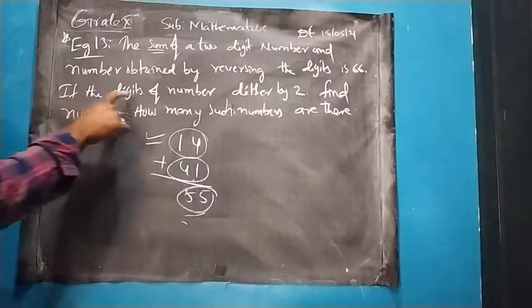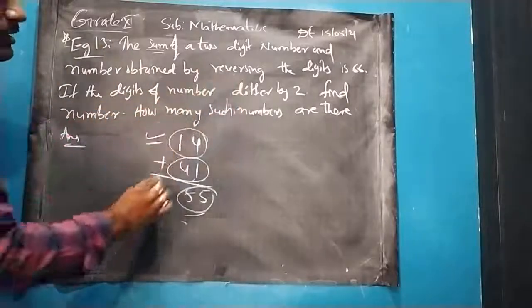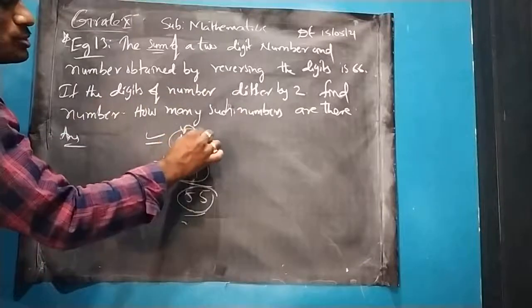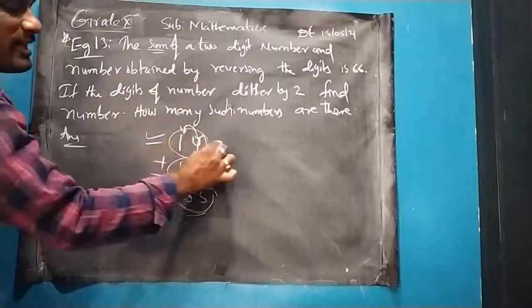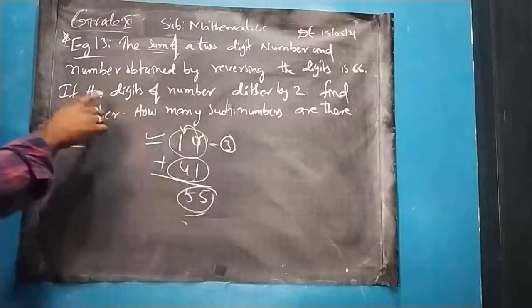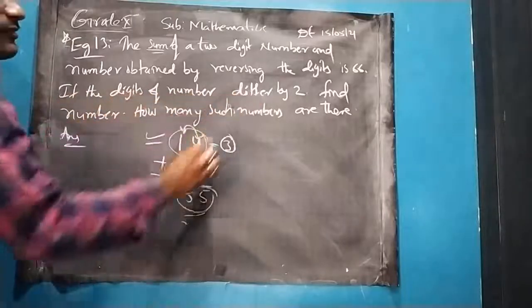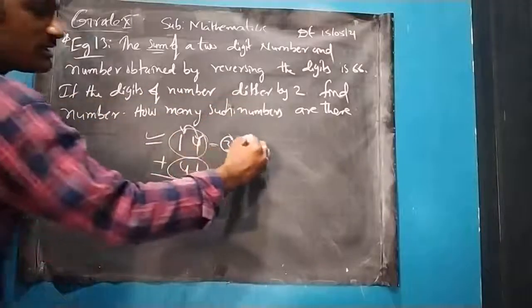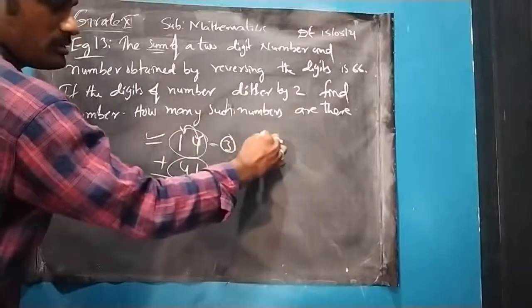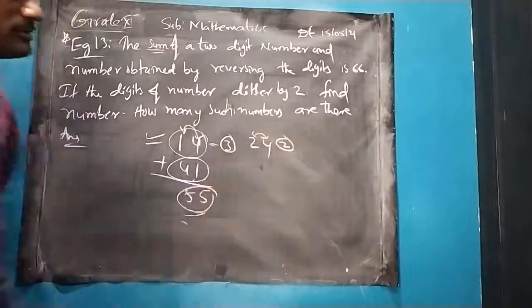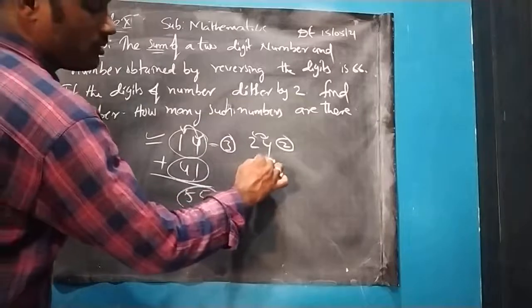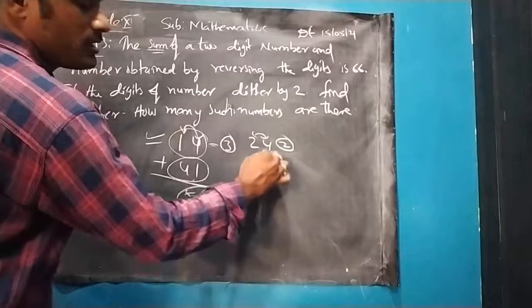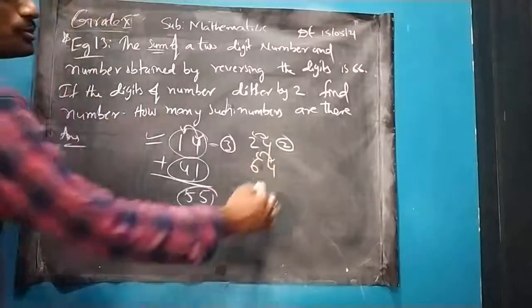Next, if the digits of the number differ by 2, it means the gap between these two digits should be 2. 4 minus 1, what is the gap? 3. But the question is saying that the digits of the number differ by 2, so the gap should be 2, for example 24. Here the gap is 2, like that. 64, here also the gap is 2.